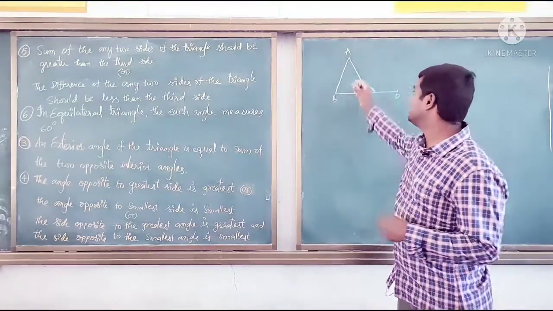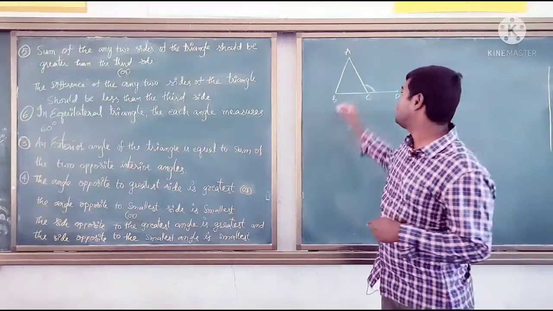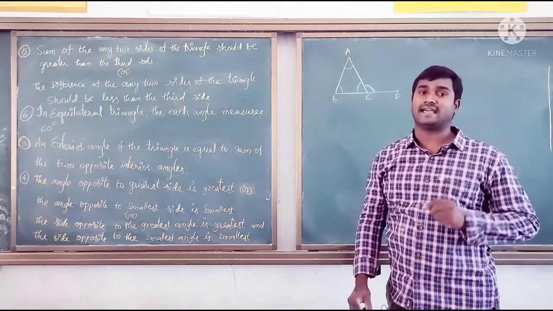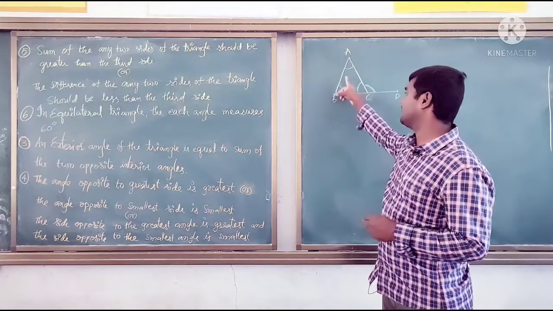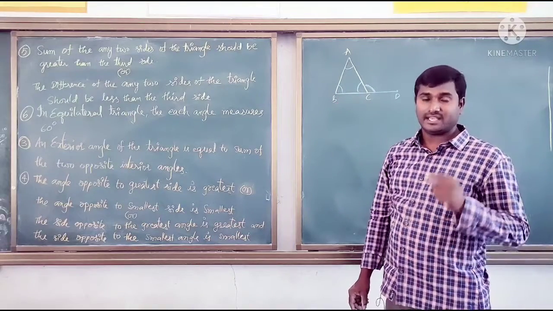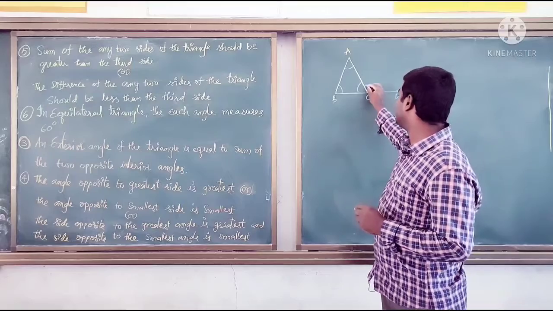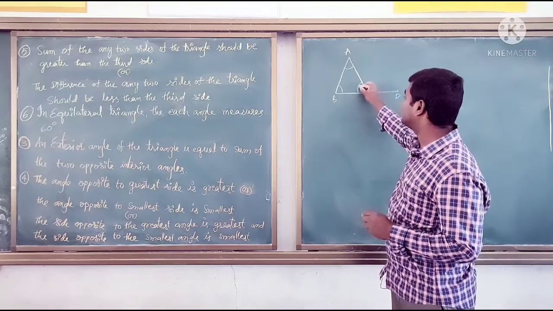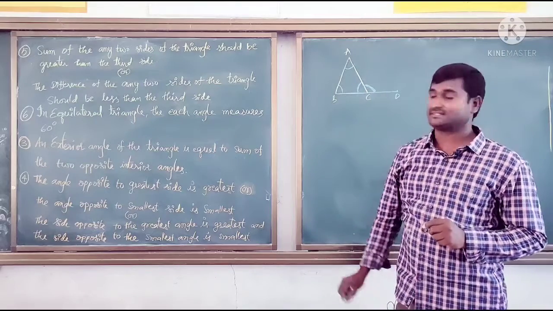In this triangle, what are the interior angles we have? Angle A, angle B, angle C are the interior angles. For this exterior angle ACD, angle C is the adjacent interior angle.